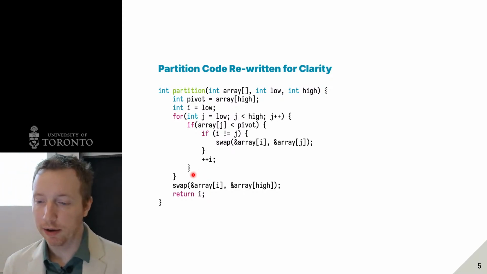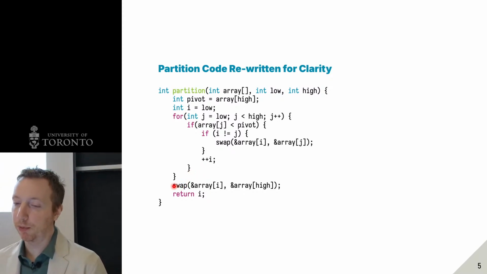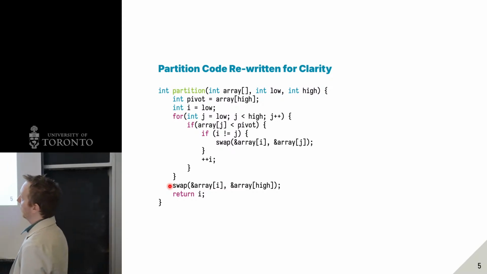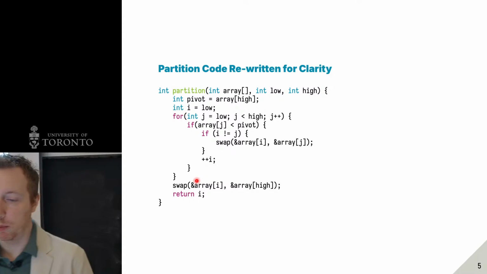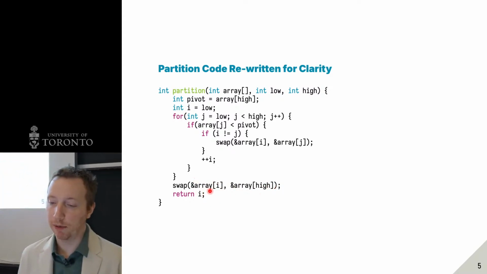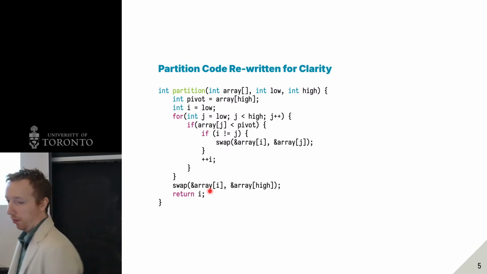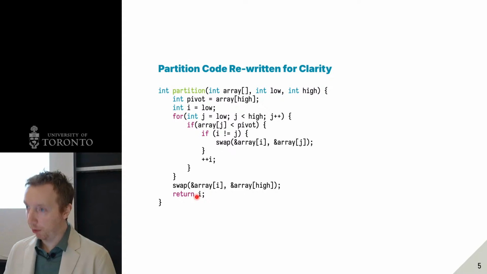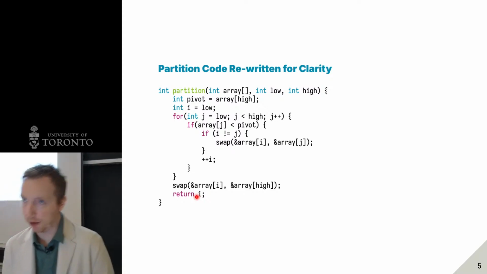And then, just like in that example, when we make it through the loop and we've inspected every single element, then we can just swap the pivot value, which is at array high, with wherever we found it should go. And then we return i, which is just the index of the pivot. We know for sure it is in the right spot.